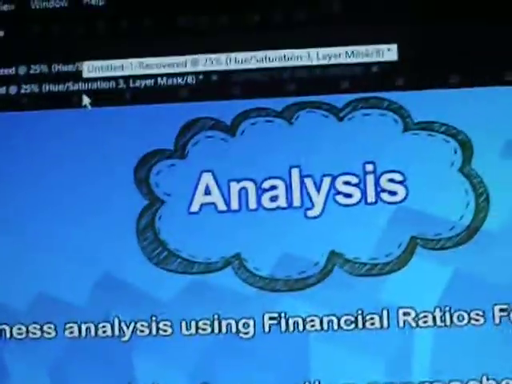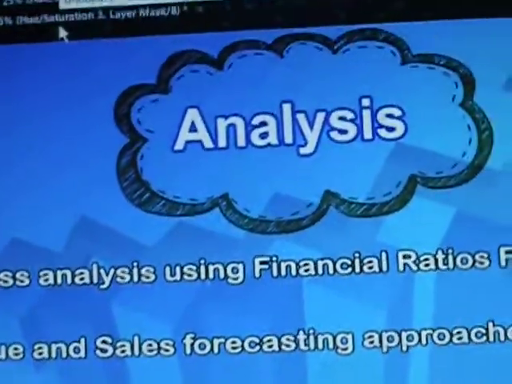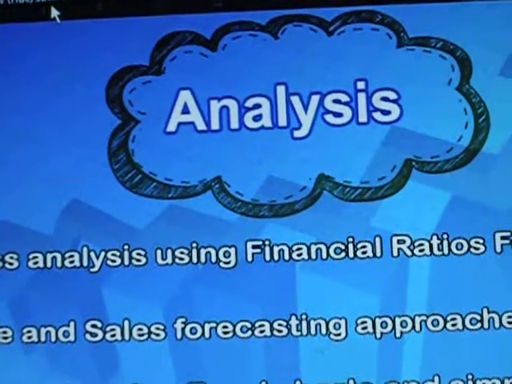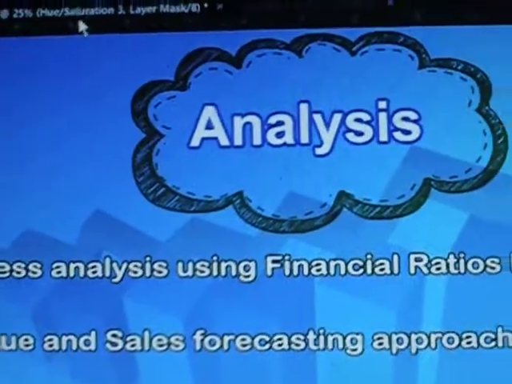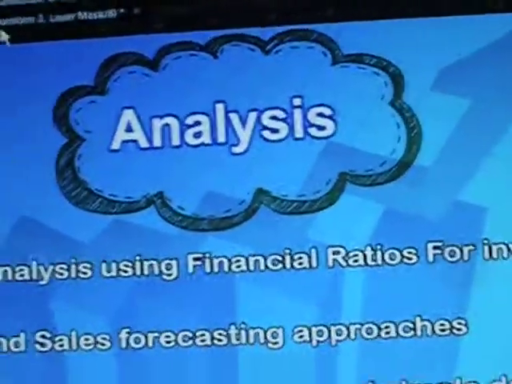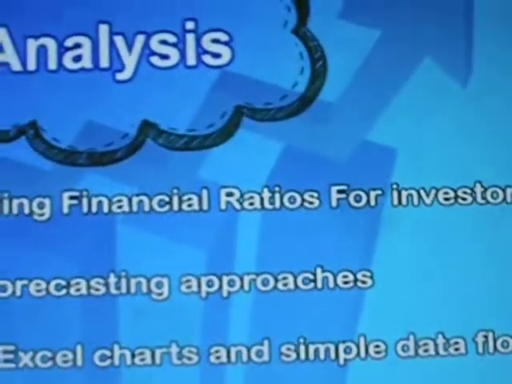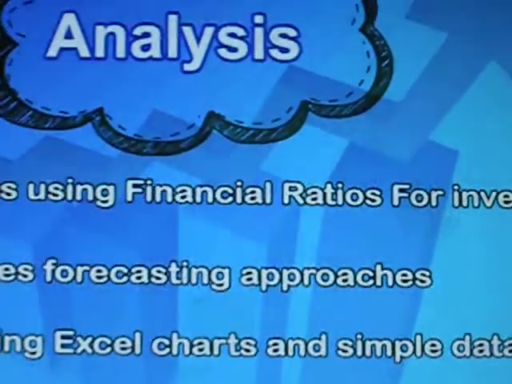Now we get a new empty place for our design. We have RGB color, it's like values. We have red, green, blue, and each value goes from 0 to 255.